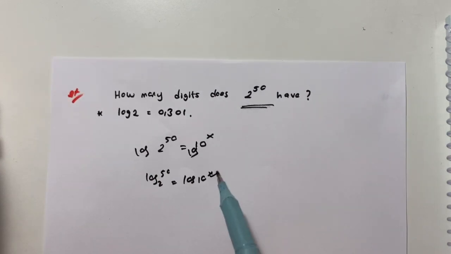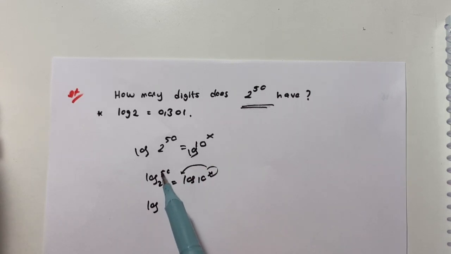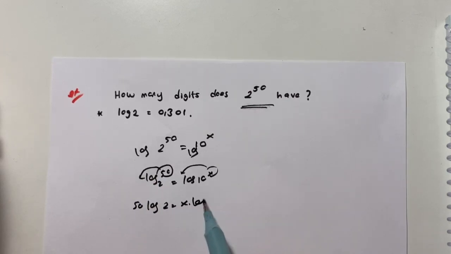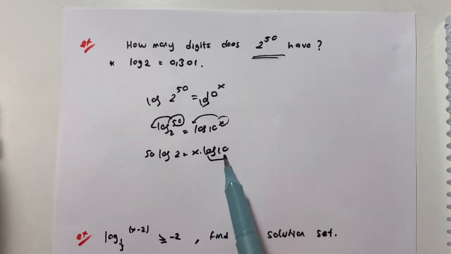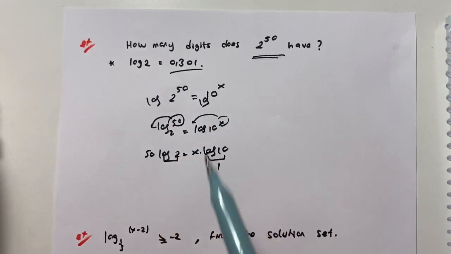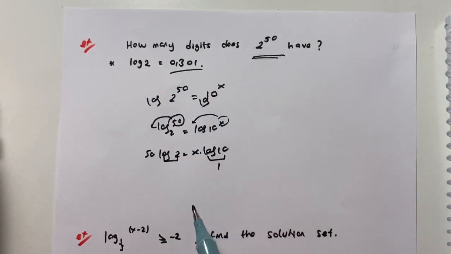And we are going to take this x into the front like this, and 50 into the front like this. And logarithm 10 is 1, as we all know, and logarithm 2 is given here as 0.301.